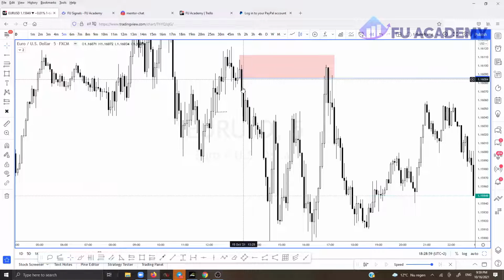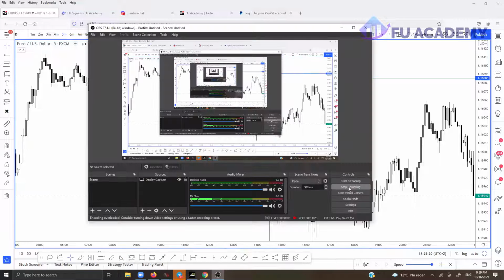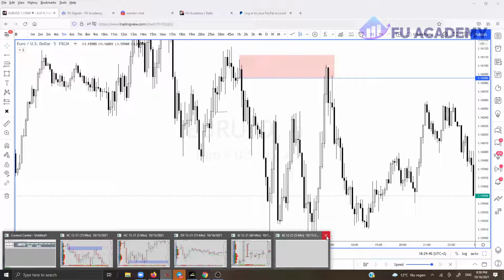That is my Euro USD chart on M5. Let's wait. Oh, it seems I'm not connected to the software. No problem, let me open it again.